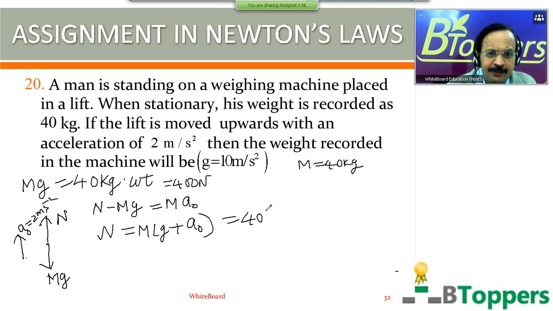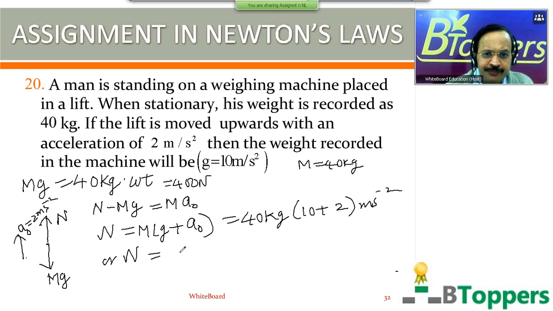Here m is 40 kg, g is 10 meter per second square, a naught is equal to 2 meter per second square. So you get the magnitude of the normal reaction force on the body by the floor of the lift as 480 newtons. You can take 1 kg weight equal to 10 newtons.